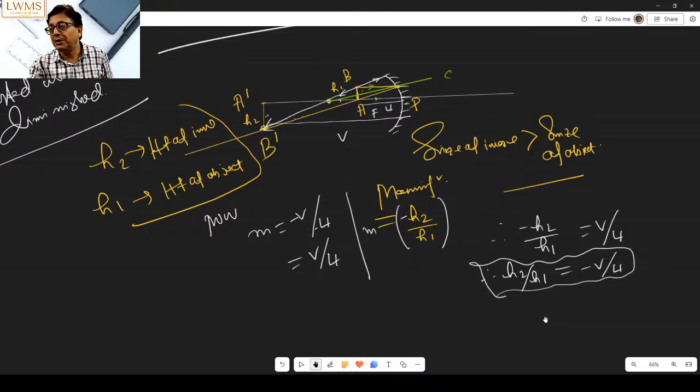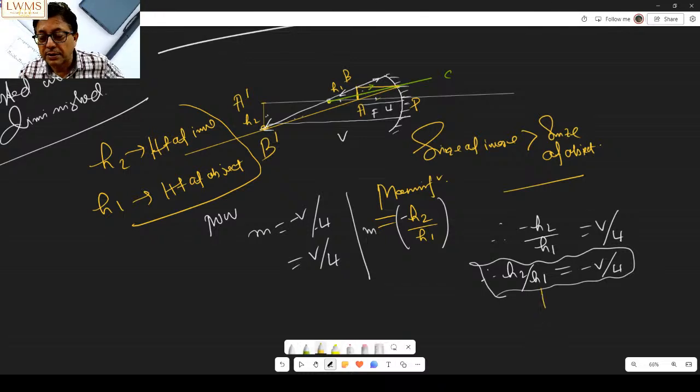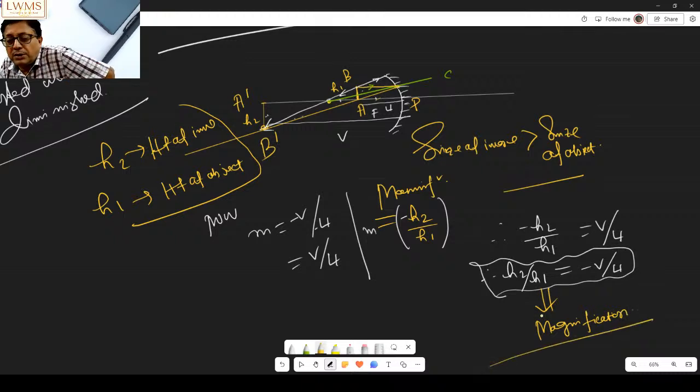This h2 by h1 equal to minus V by U. This is called magnification produced by the spherical mirror.